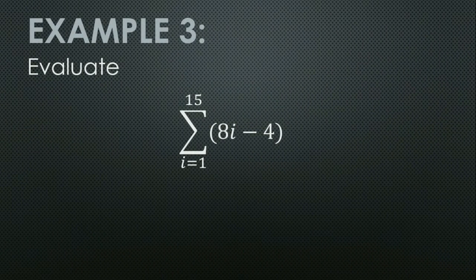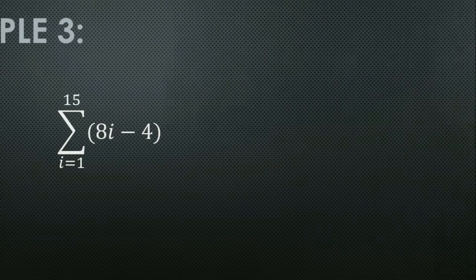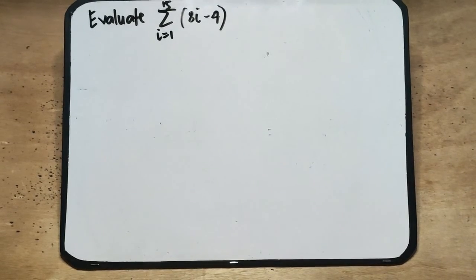Example 3, evaluate the summation of 8i minus 4 from 1 to 15. For the solution, watch this video. In this example, we evaluate the summation of 8i minus 4 from 1 to 15.